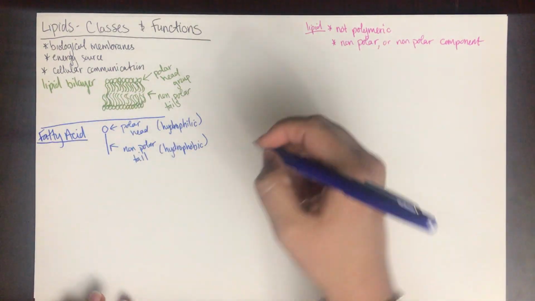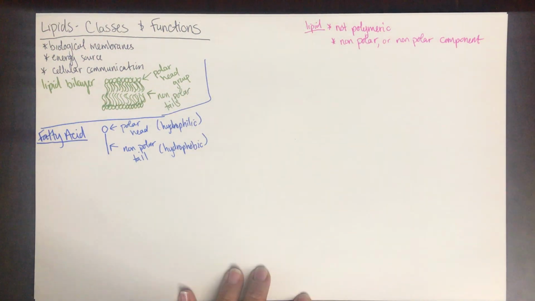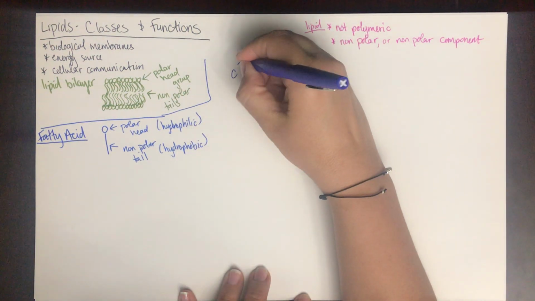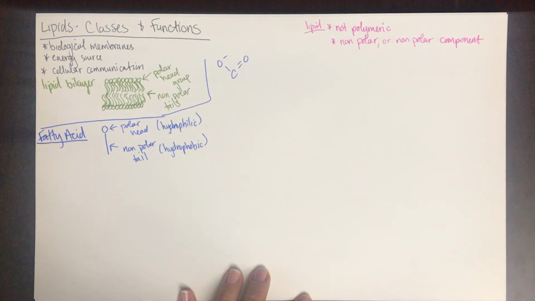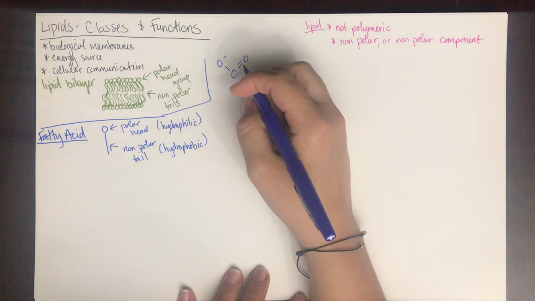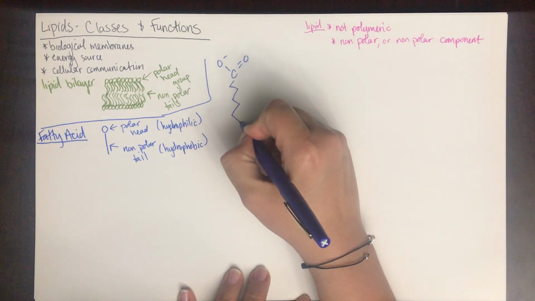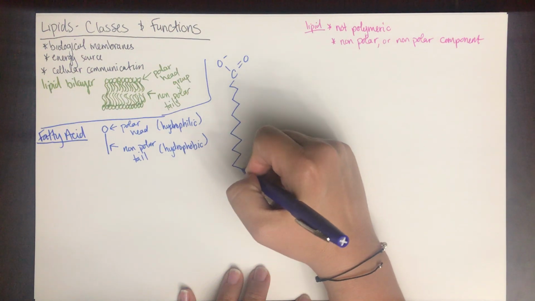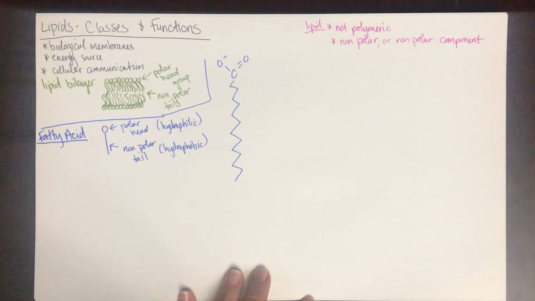So I'll just draw this maybe over here. And at physiological pHs, this carboxylic acid would have lost a hydrogen. And then here, you would have this hydrocarbon chain. And that would be made up of carbons and hydrogens, depending on however long it is.